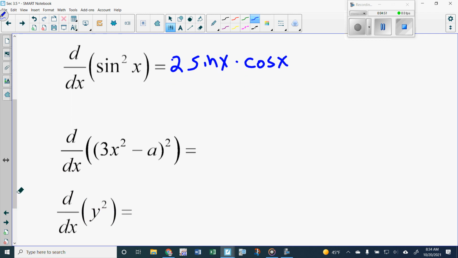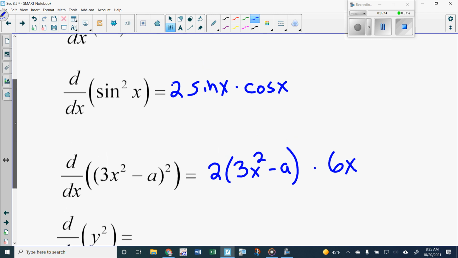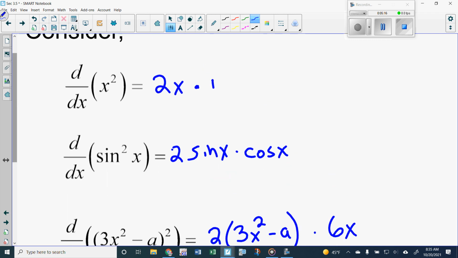What about the derivative of 3x squared minus a, squared? Chain rule, which would be the derivative of the outside, 6x. Now, from what we talked about yesterday, I'm going to add something here: times 1.